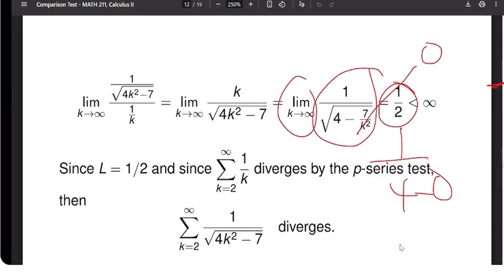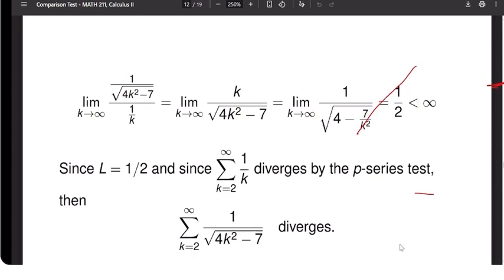Please pay attention. And how am I going to know the type of convergence test? Please pay attention. I know this area is complicated, but if you can just be focused and ask questions when you get stuck, it's going to be easy.